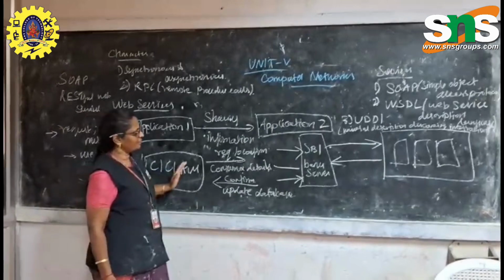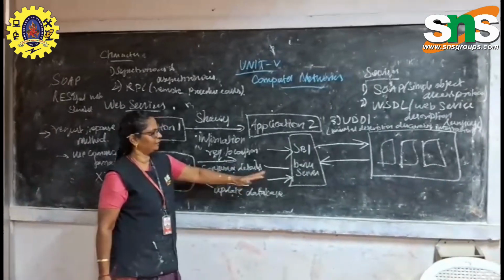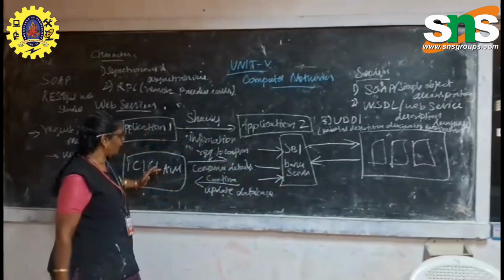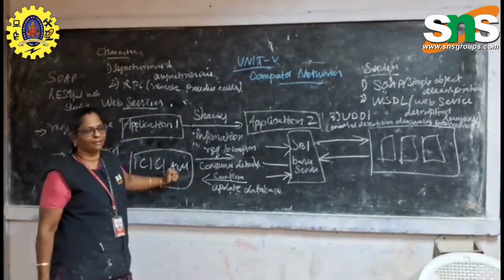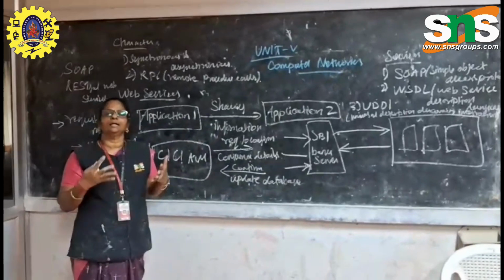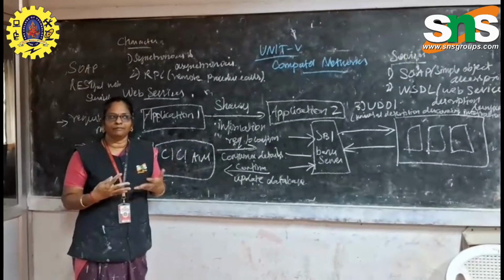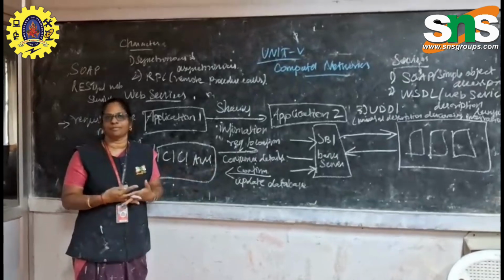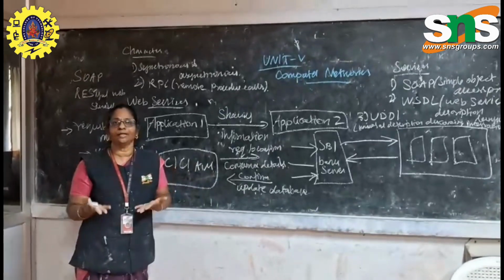For example, take an ICICI Bank ATM, which is carrying a lot of information in a database. That information is connected to the SBI bank server. If our account is blocked or an unwanted money transfer happens in our account, we have to share the information with the particular bank.